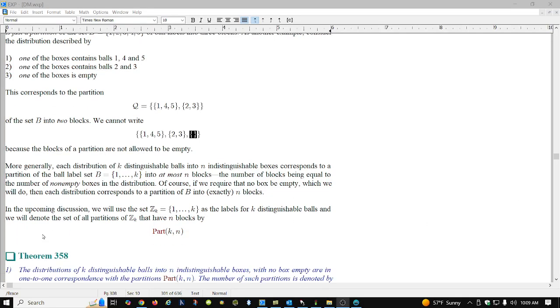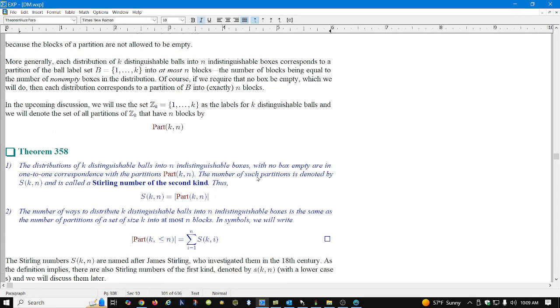By way of notation, in the discussion that's coming up, I'm going to use this set Z_k to contain the labels for the balls. They'll always be distinguishable. And I'm going to denote the set of all partitions of Z_k, the ball label set, that have n blocks by this symbol.